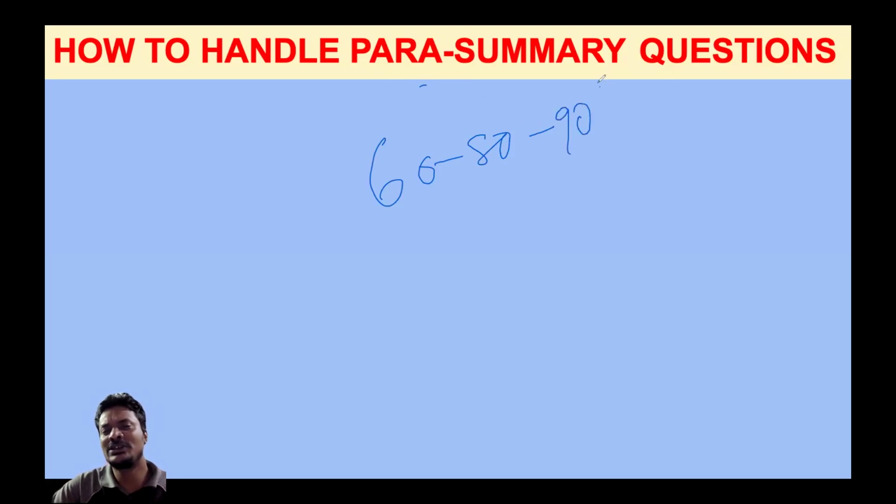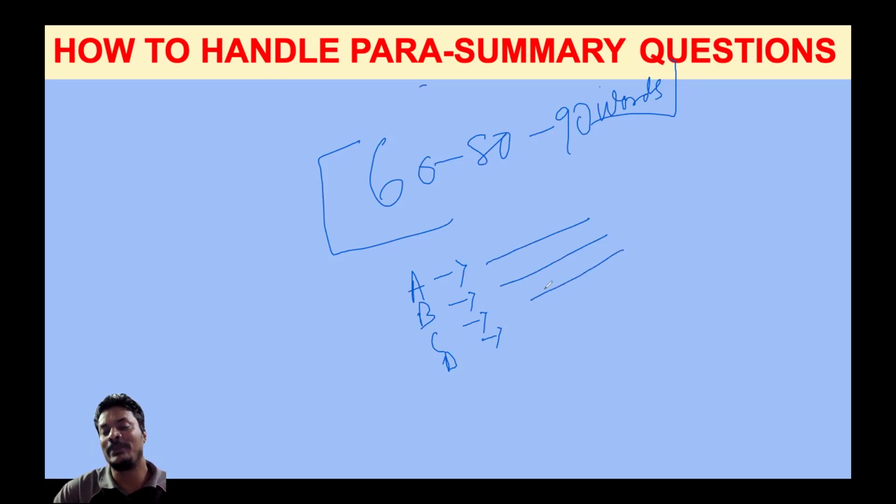On the basis of that, you find four options marked A, B, C, D, and all these statements connect to this particular passage. We need to find out which option is the best summary of this text.